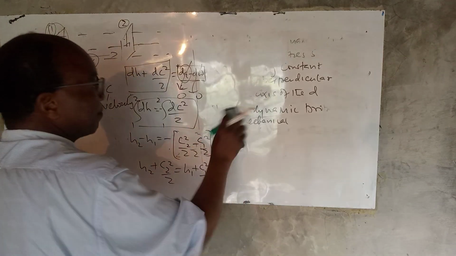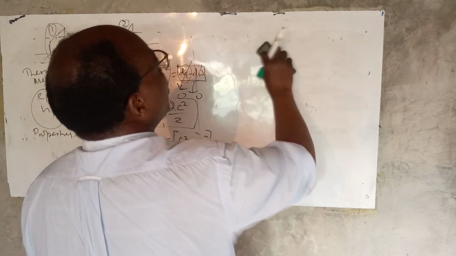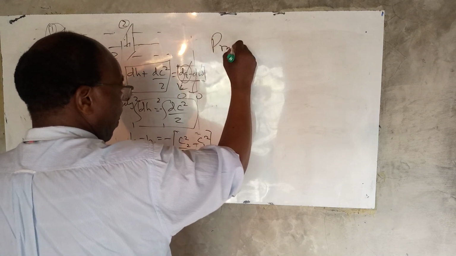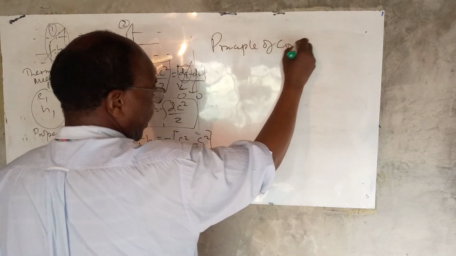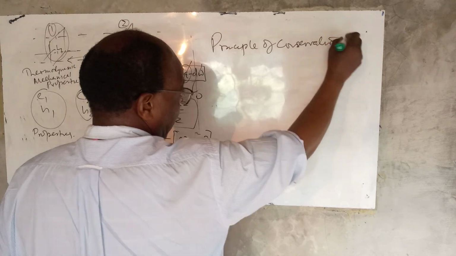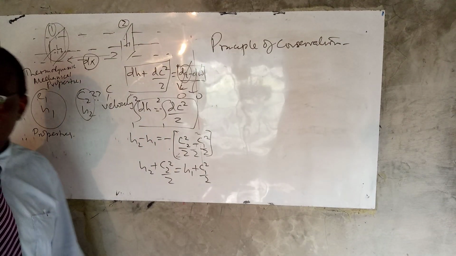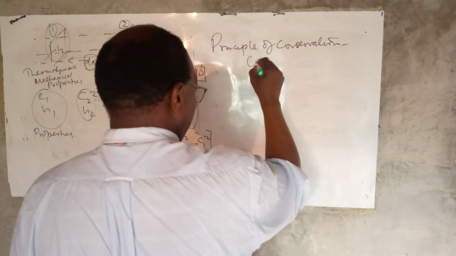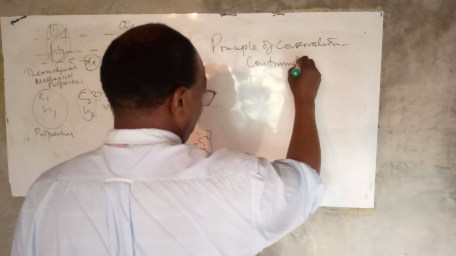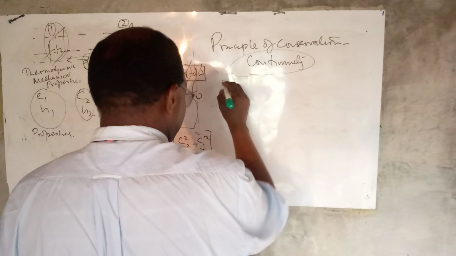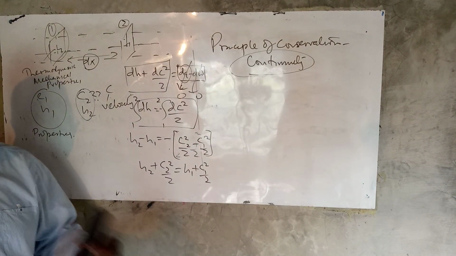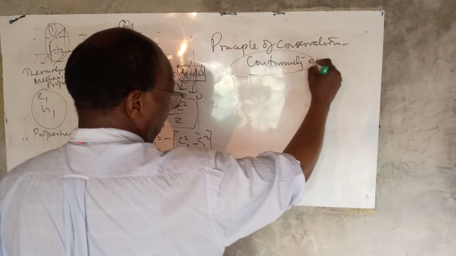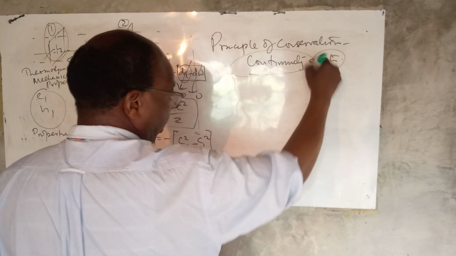And so in general, also, if you use the principle of conservation of mass, which is crystallized in the equation for continuity, then you can also compute the cross-sectional area.